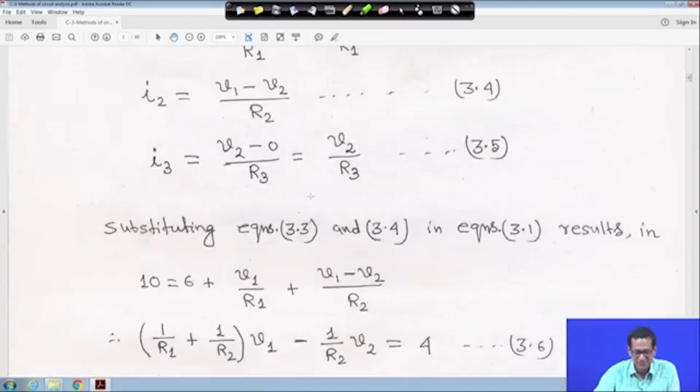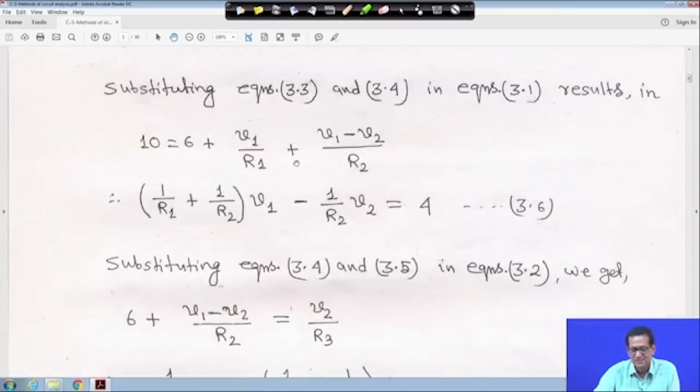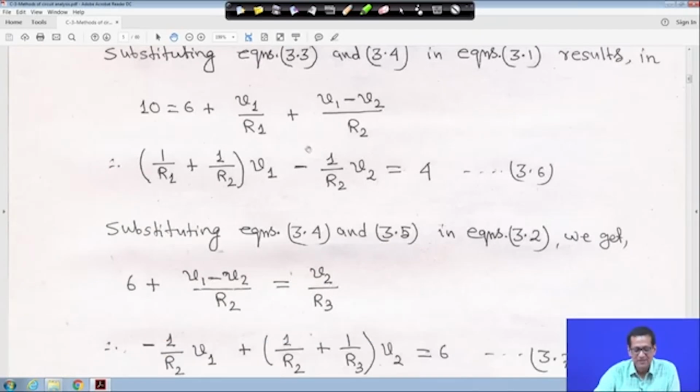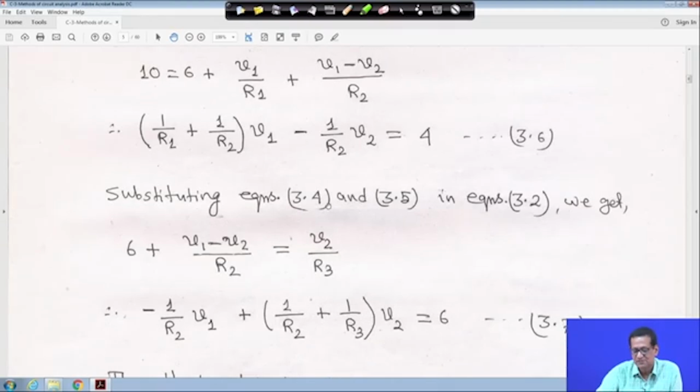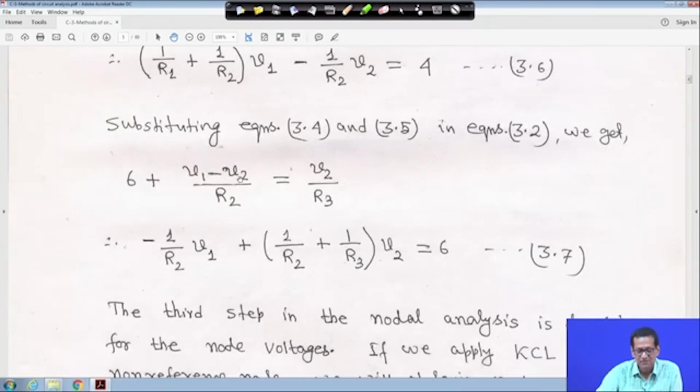So, if you put it in and simplify, substituting equations 3.3 and 3.4 into equation 3.1, it will result in this equation: 1 upon R1 plus 1 upon R2, into V1, minus 1 upon R2 into V2, is equal to 4. So, this is one equation. Similarly, substituting equations 3.4 and 3.5 in equation 3.2, you will get 6 plus V1 minus V2 upon R2 is equal to V2 upon R3.